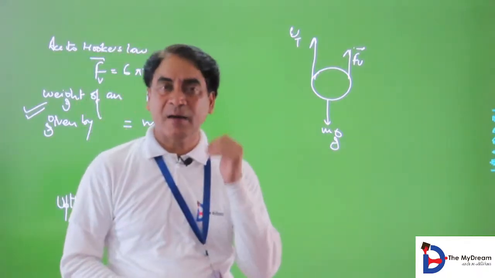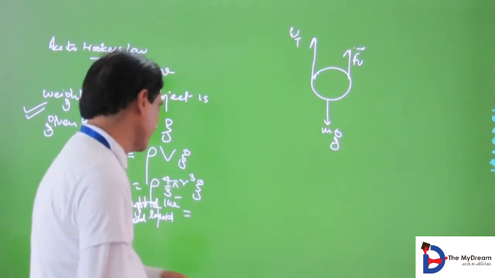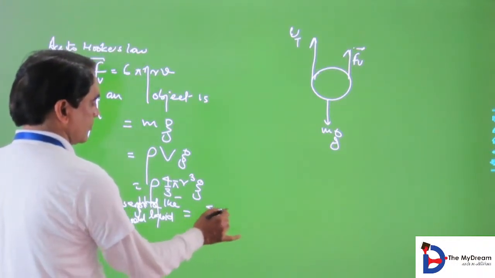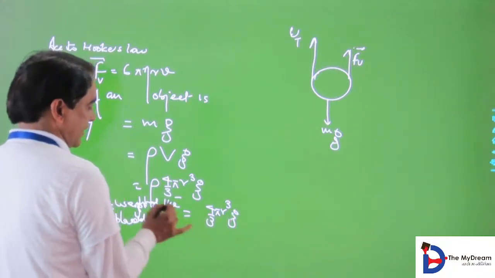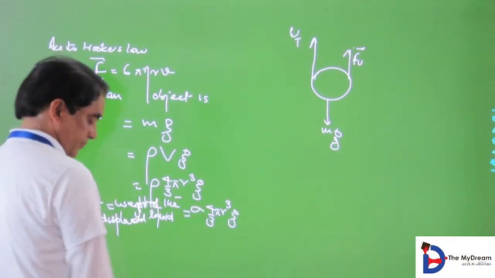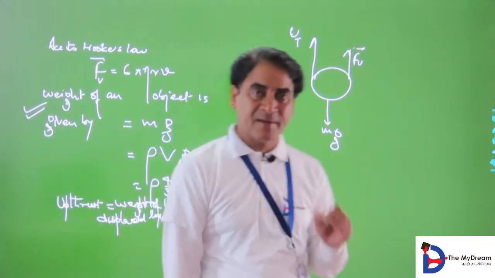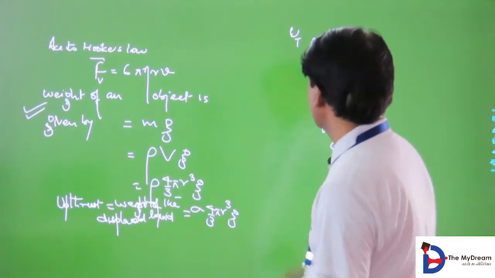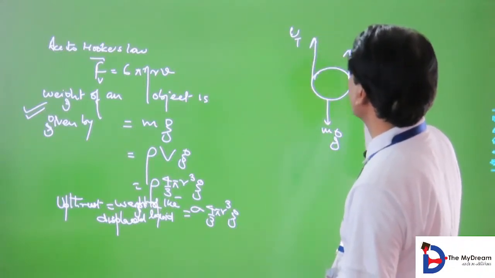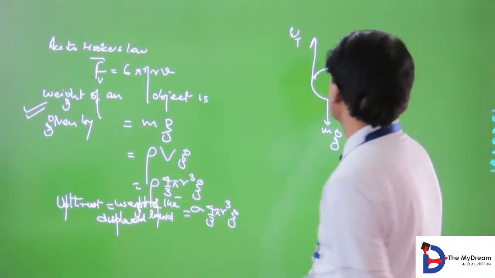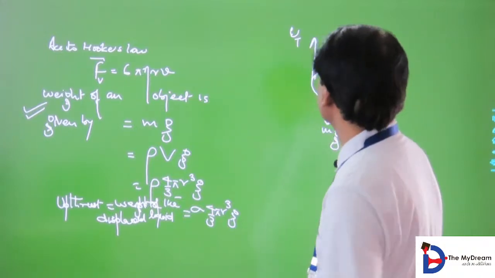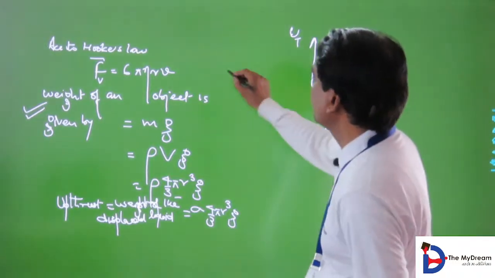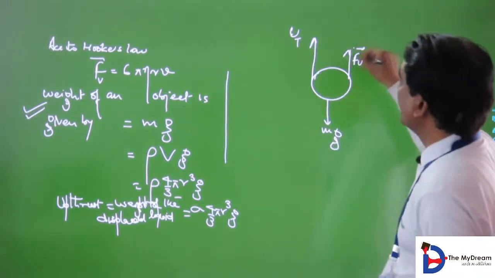Medium can be water, air, or any kind of fluid. So this is volume, and the density will become sigma. Sigma is the density of the medium. So this force is equal to these two forces, because they are anti-parallel.